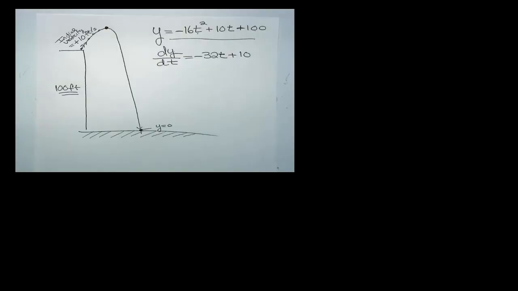But think about what I just said about it. dy/dt. y is the dependent variable, but in this problem t is the independent variable. That's time. I'm saying, how does position change with respect to how time changes? Position changing with time changing sounds like speed to me.